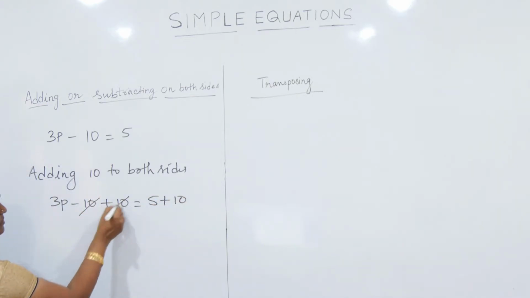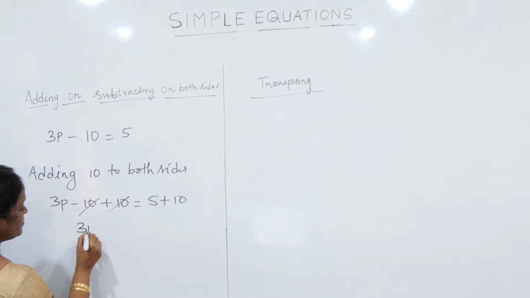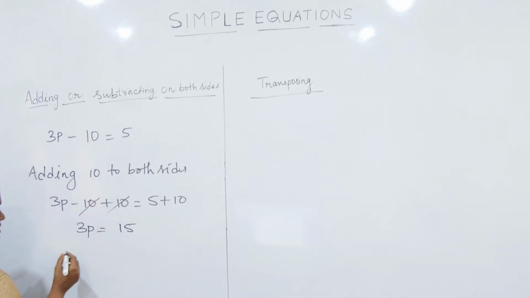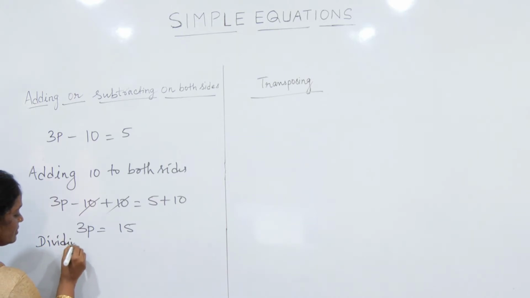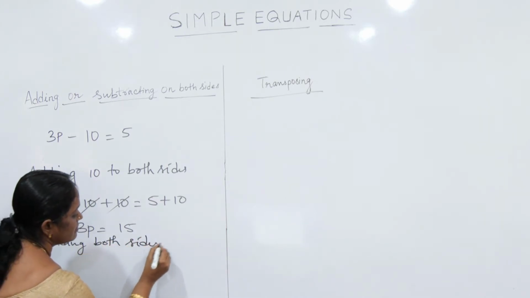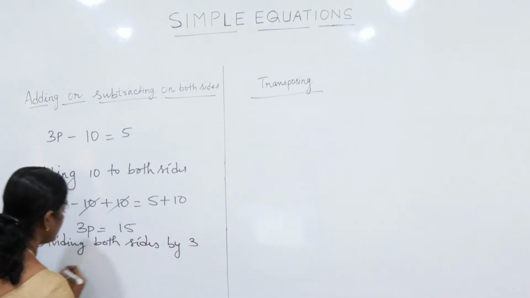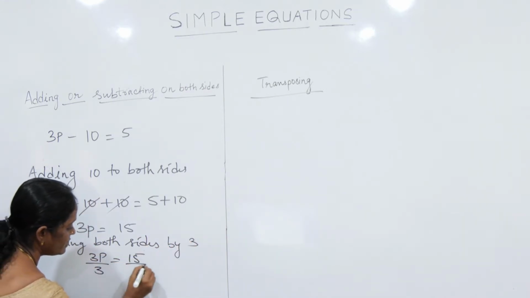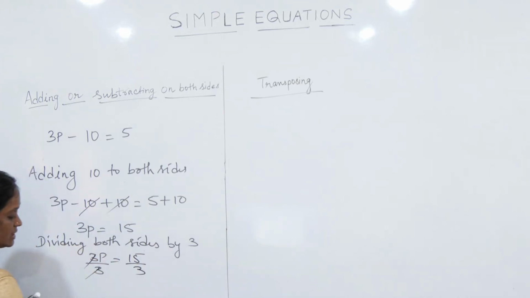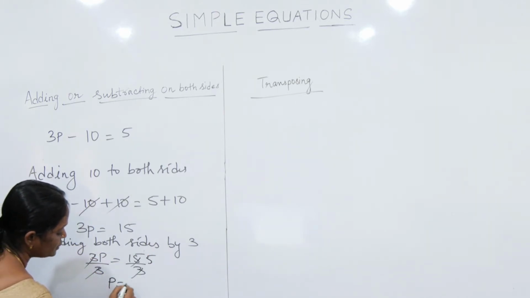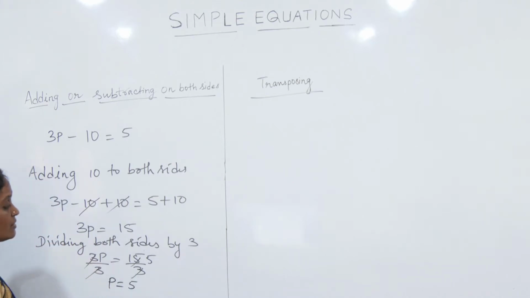Here minus 10 and plus 10 get cancelled. 3p is equal to 15, which is 5 plus 10. Dividing both sides by 3, we get 3p divided by 3 is equal to 15 divided by 3. So here 3 gets cancelled. 3 ones are 3, 3 fives are 15. So the solution to the equation is p is equal to 5.